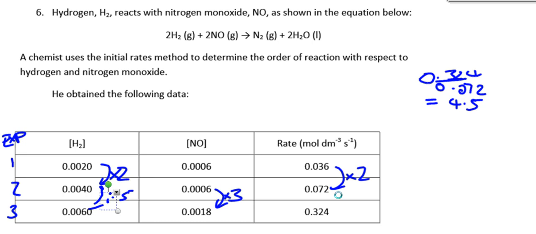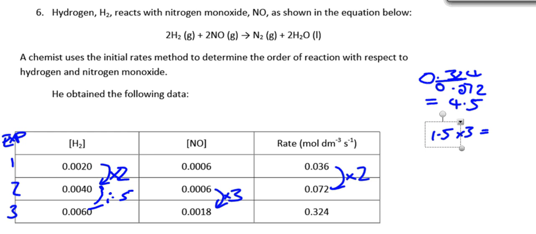Now, this is interesting because you've got an increase of a factor of 1.5 there and an increase of a factor of times 3 there. If you work out 1.5 times 3, what does that give you?